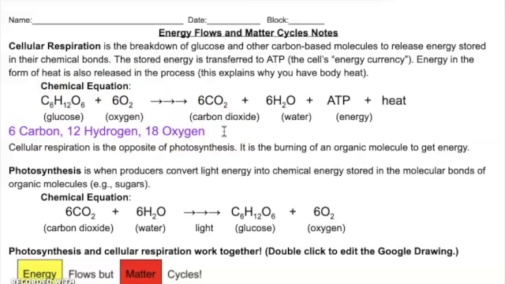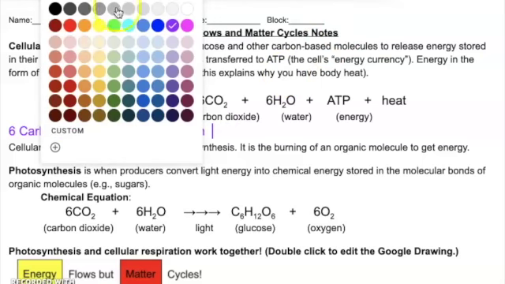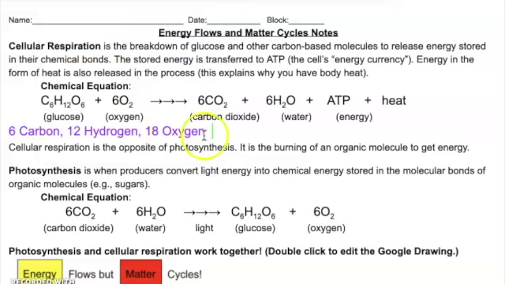Okay, so what about our products? Let me just change the color. So for our products, let's do green. We have carbon dioxide, and this is telling us that if we have 6 carbon dioxide molecules that are being created, we're going to get 6 carbon atoms.